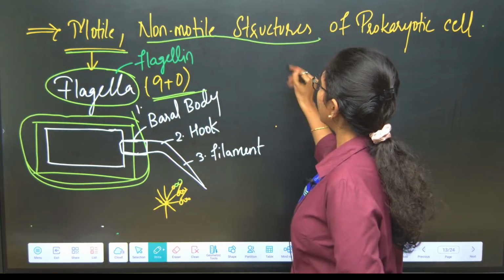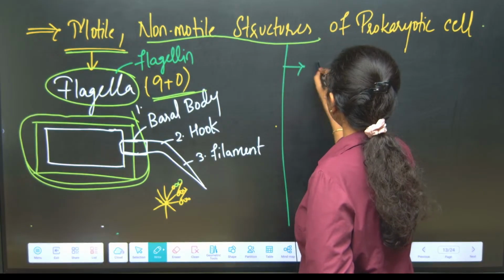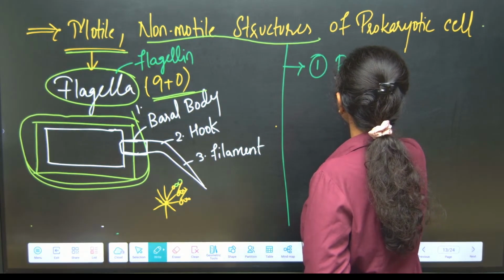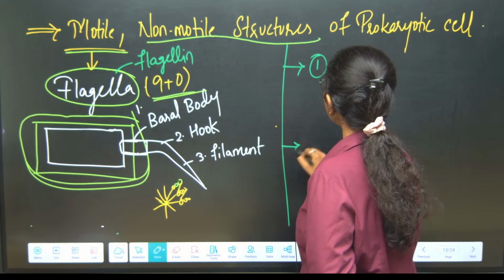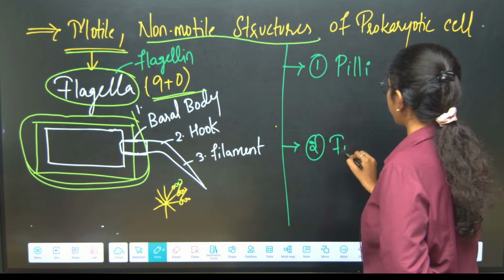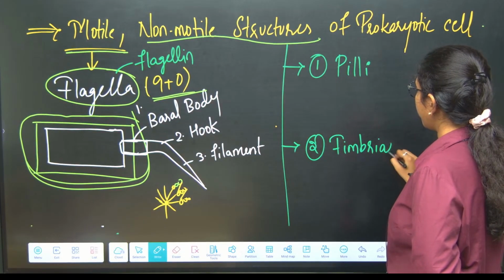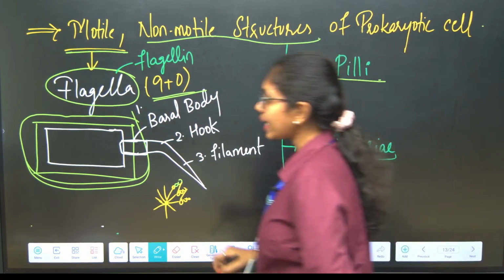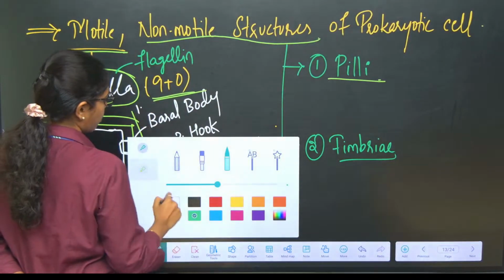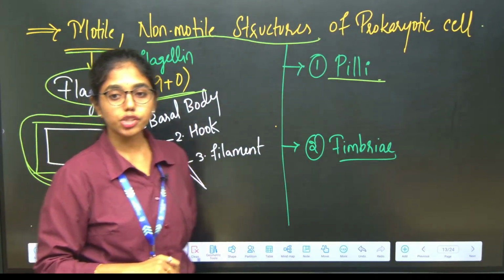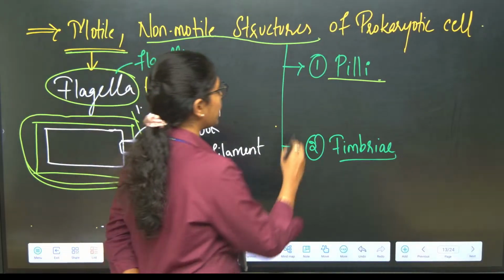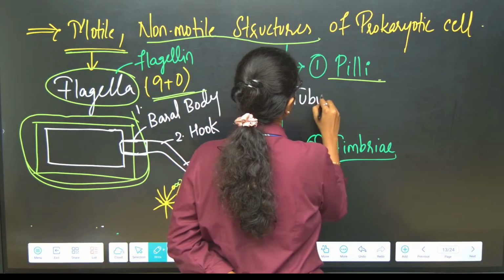Next is non-motile structures. Non-motile structures include, first pili and second fimbriae. How can you describe pili and fimbriae? Pili can be described as tubular extensions from the cell wall.